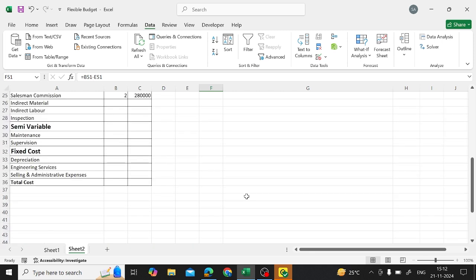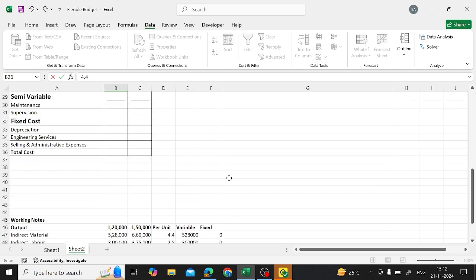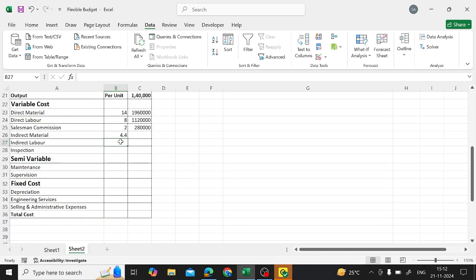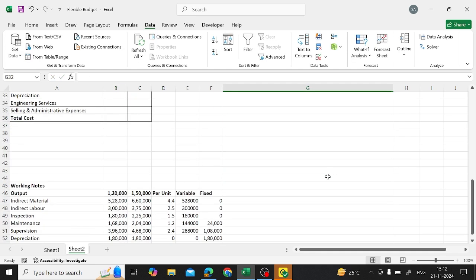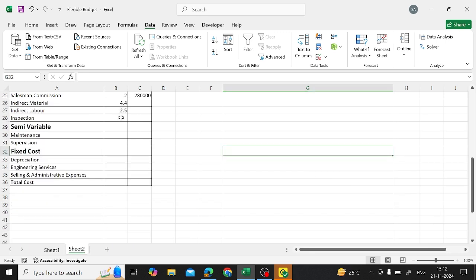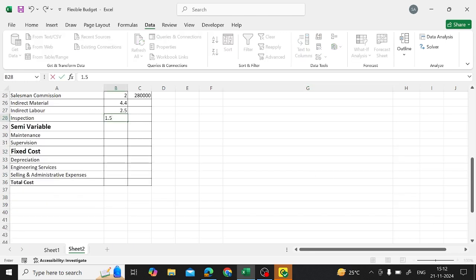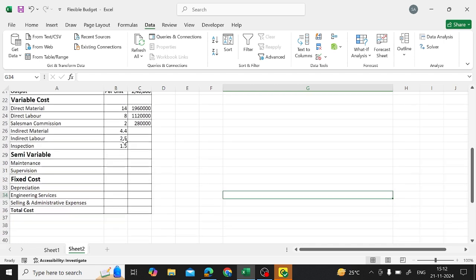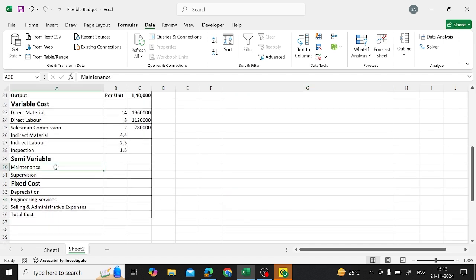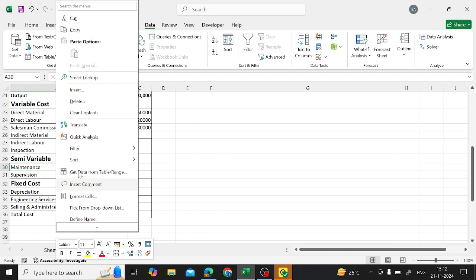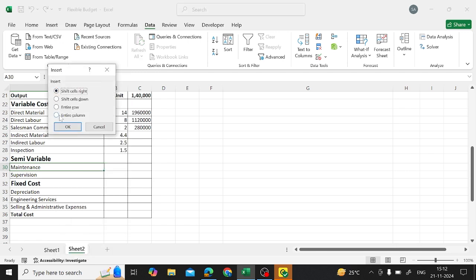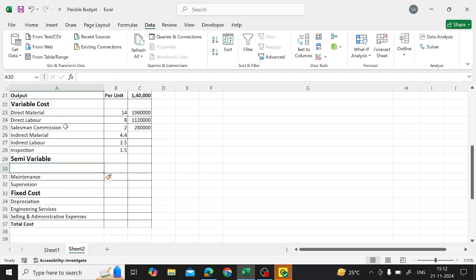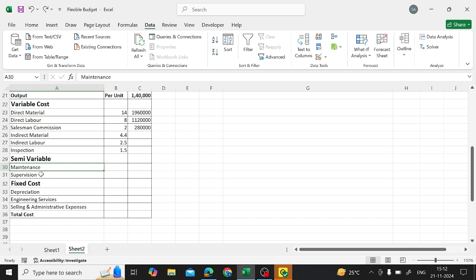So now here I can write it. For indirect material it is 4.4, then 2.5, then 1.5, 1.2, and 2.4 for semi variable. So here I will have to insert a cell. Oh, sorry, it should be below that.